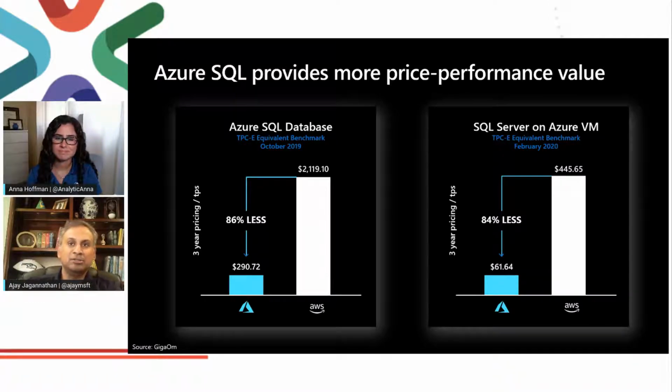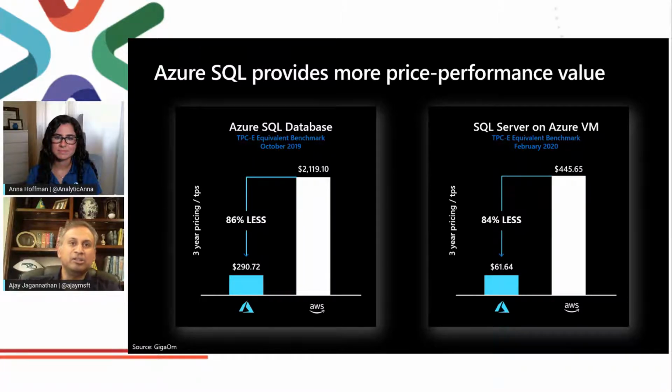One of the things that really drives the value for Azure SQL is price performance, which is what customers care about at the end of the day. GigaOM, one of the third-party analyst firms, ran a price performance benchmark comparison with a TPC-like workload, which is a transaction-heavy workload.